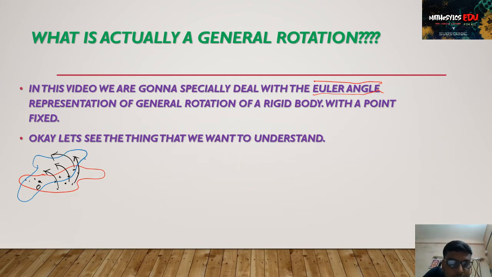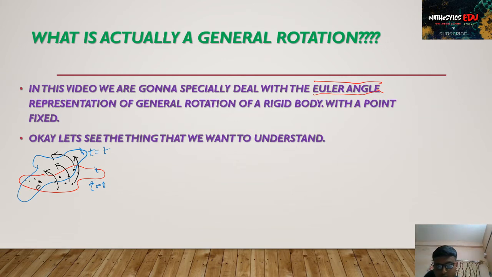This body and this body, the blue one and the red one, are the same body but at 2 different times. Let me consider this is the configuration of the body at t equal to 0, and this is the configuration of the body at t equal to t. So in how many minimum number of steps can we do it? That is our main motto of this video.